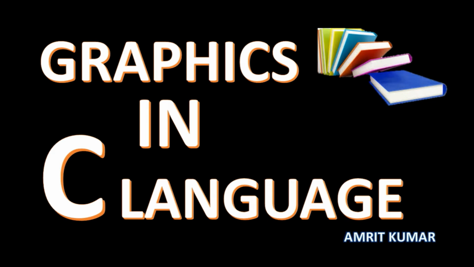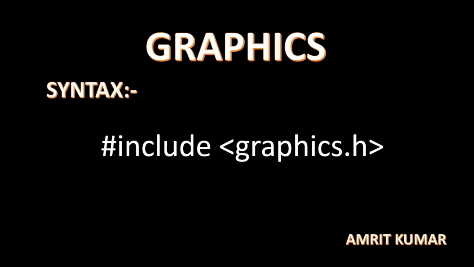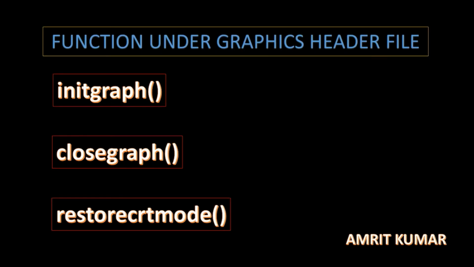So this is the syntax that I have already told you: if you want to include your graphics header file, then you have to write #include <graphics.h> in the header part of your program. There are many functions under the graphics header file, as I told you in the previous lecture. In this lecture we are going to initialize our graph.